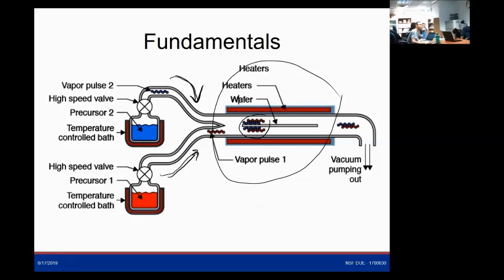You don't send them at the same time, unlike CVD. They don't react in the gas phase. You send one of them and you let it react with the surface and then let it get exhausted outside of the furnace. Does that make sense? And only when you make sure that it's all gone, you send the other precursor.